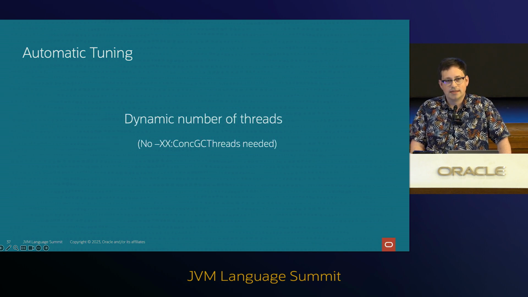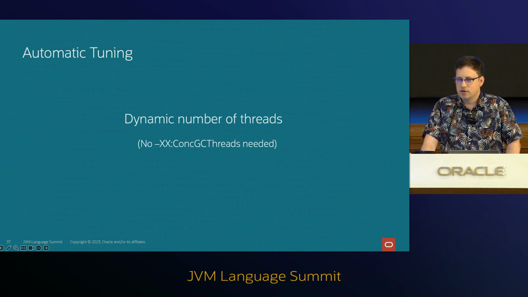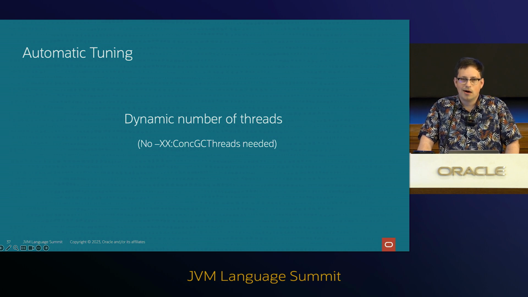Another tricky thing is, how many threads should we be using when we are running GC? If you pick too few, you get an allocation stall, not very good. But if you pick too many threads, then you might start preempting the application, and that's not very good either. And to some extent, we had support for this in the normal ZGC, where when we start a collection, we could figure out how many threads we think we're going to need.